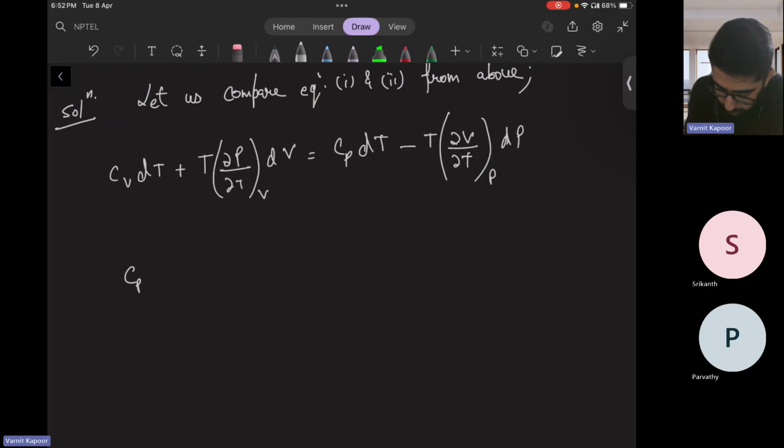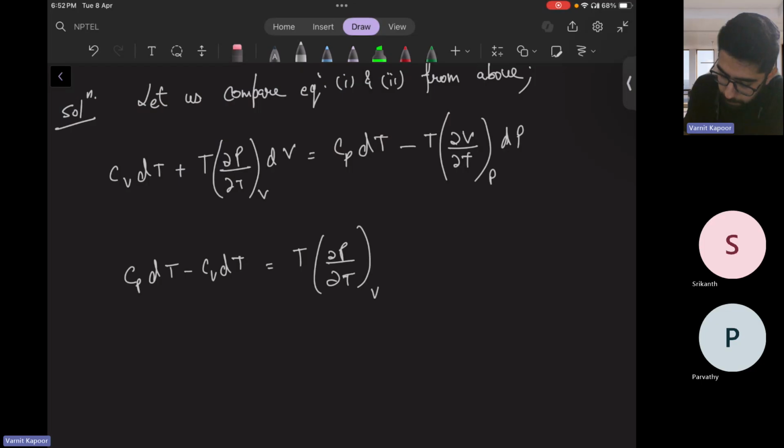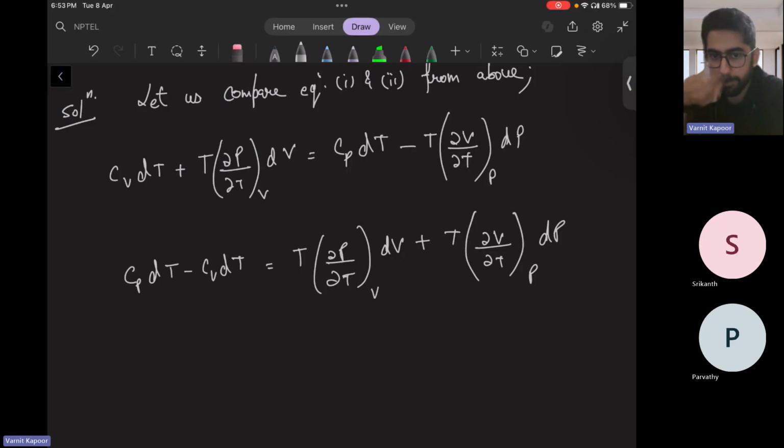Rearranging, Cp dT minus Cv dT is nothing but T (dou P by dou T at constant volume) dV plus T (dou V by dou T at constant pressure) dP. Okay, clear? Now you take out dT common.